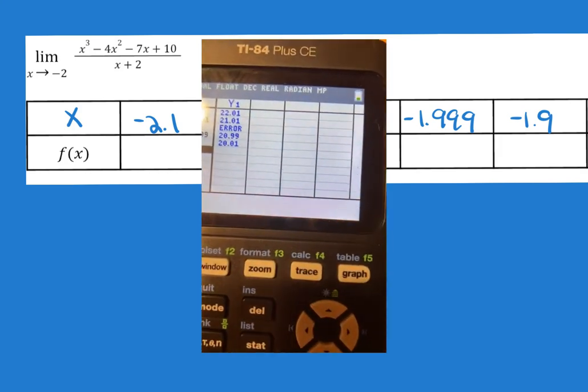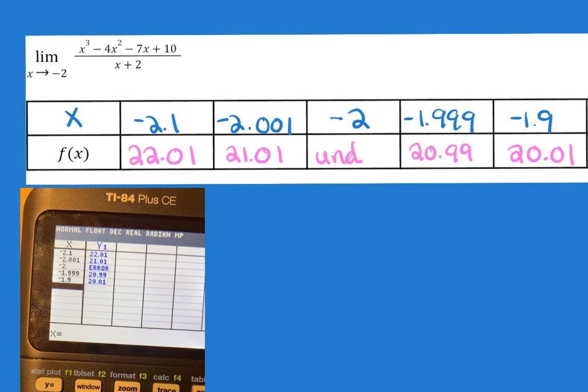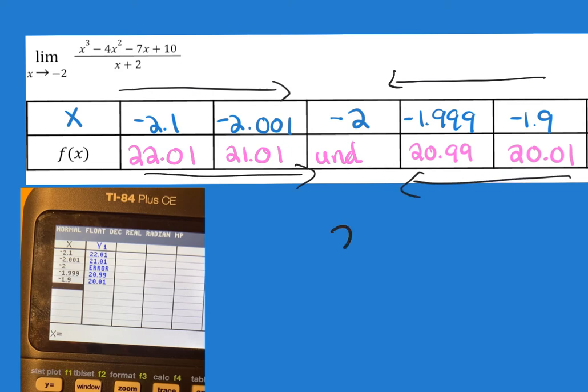All right, let's write them down. Okay, as x approaches -2, the left and the right, it is approaching 21. And once again, it's undefined here because the denominator would be 0 with the x value -2.